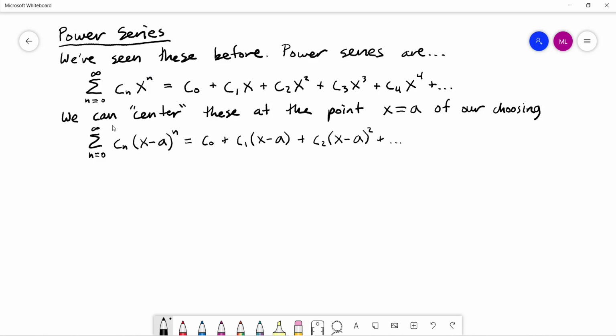So these are series, just like the ones that we've been looking at, and the main question that we've had up until this point is, does this series converge, or does it diverge? And again, the whole point is we eventually want to represent functions using an infinite series, using one of these power series. But if our power series doesn't converge, then it's not going to be able to represent a function.